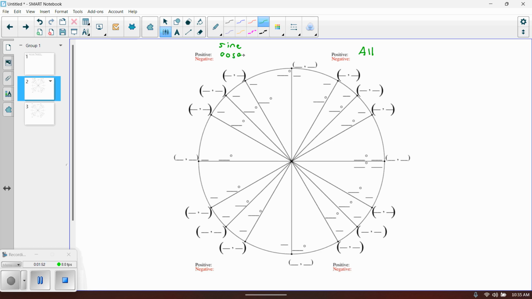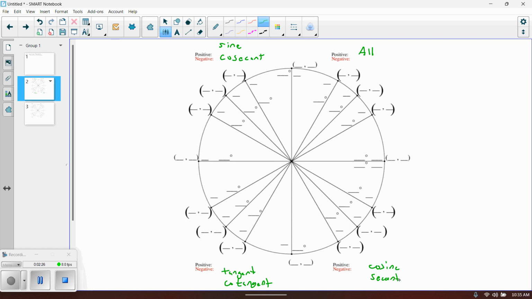In the third quadrant, on the lower left here, we've got the tangent, and therefore the cotangent. And then in the fourth quadrant, we've got the cosine and the secant that are positive.